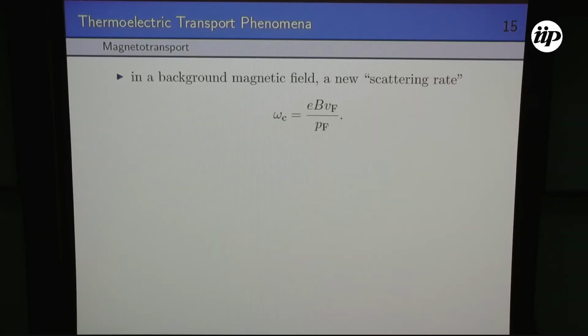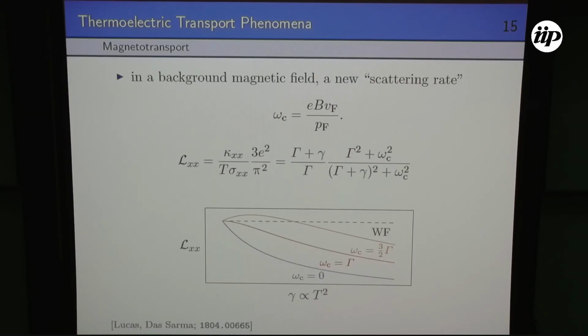Now, another prediction, which would also apply to all of these systems, is if you turn on a background magnetic field, then you get a new scattering rate in the problem, which is simply the cyclotron frequency. And now you can ask, how does this Lorentz number change as a function of both omega c as well as these electron impurity scattering rates? So we have another very simple formula for what happens in this case. You get this ratio of these three scattering rates.